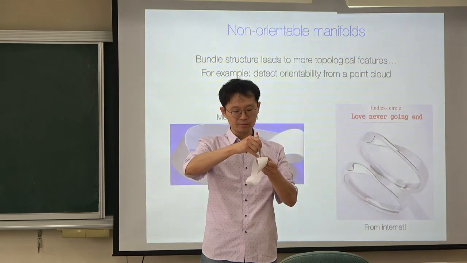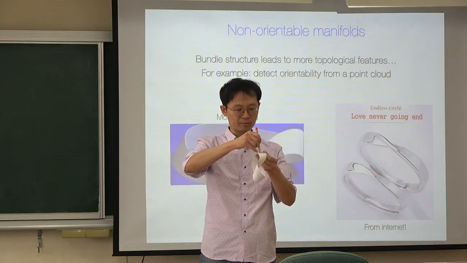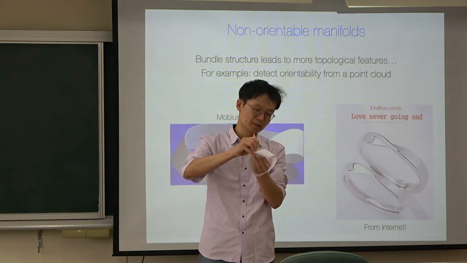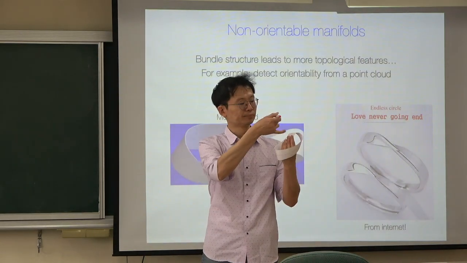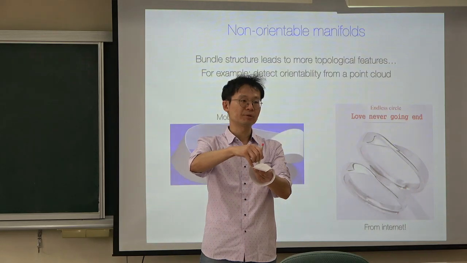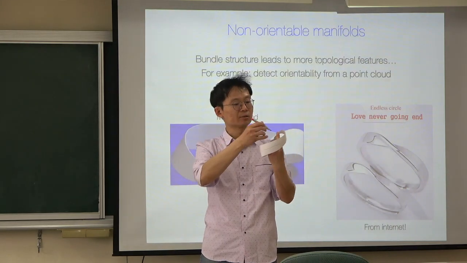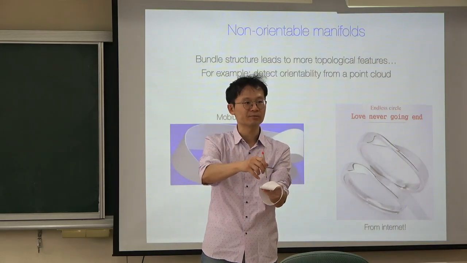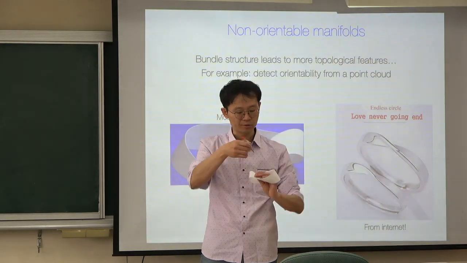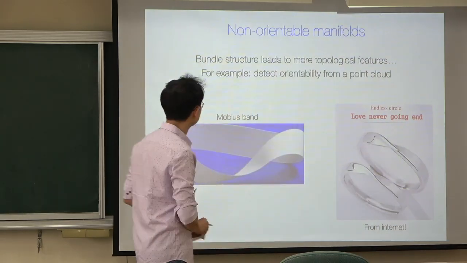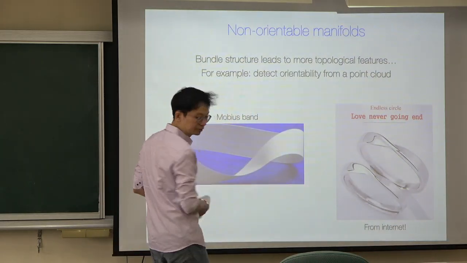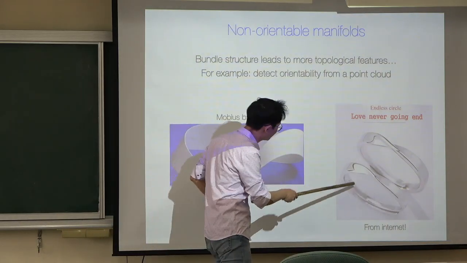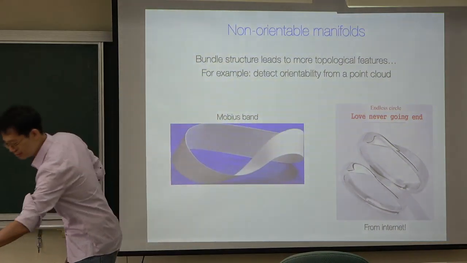If I go, and I keep going, at this point, look, this is where I started, but now the pen is on the other side. So what is the orientation? Is this the positive side or is this the positive side? And you can continue and you will go back to the original point. So this is something you can utilize to design this kind of ring. It's kind of interesting.